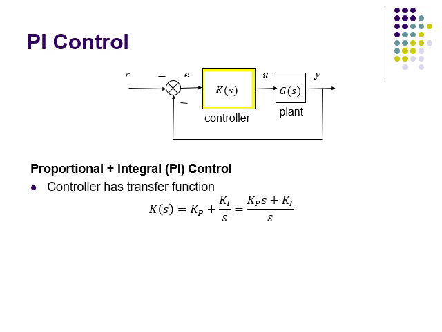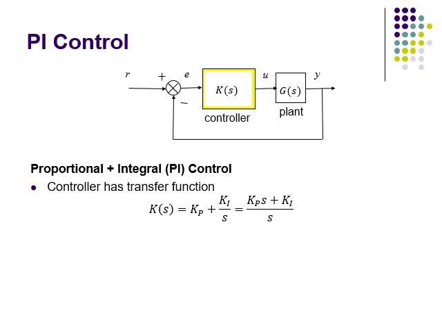So the key difference here is that now the controller is no longer just a simple gain, but the controller actually has a transfer function. So the controller transfer function is going to be a function of S, and that means that the controller is actually now going to be a dynamic system.